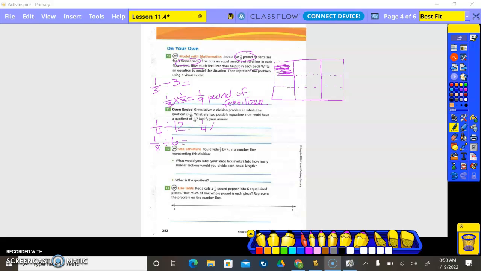So 1/4 times what? 1/12 equals 1/48. So did that work? Yes. So right here. Okay. Then 1/8 times 1/6 equals 1/48. So did that work? Yes.